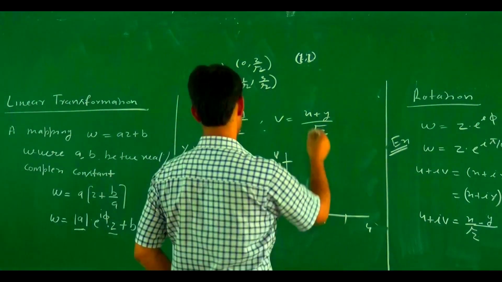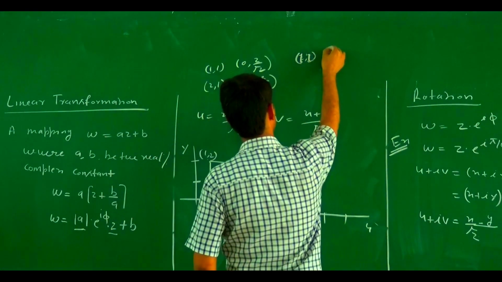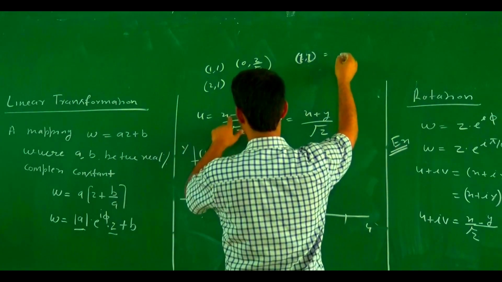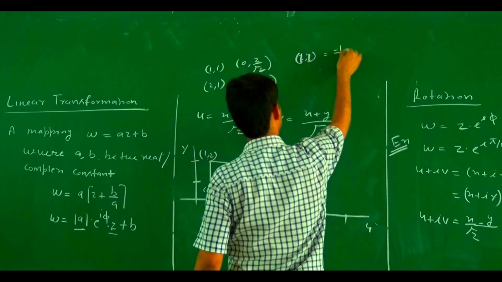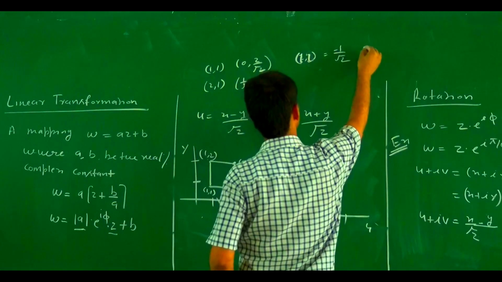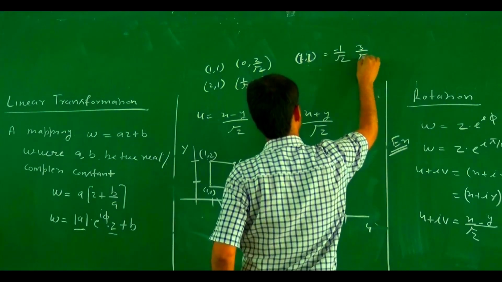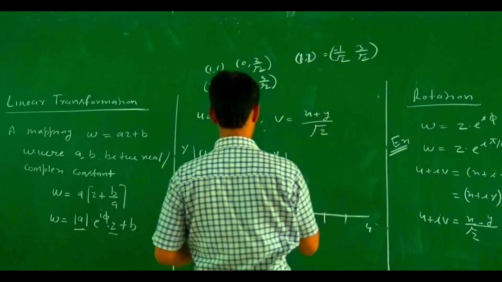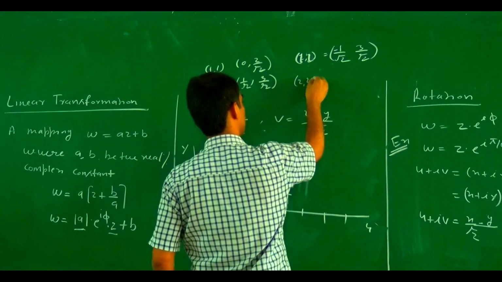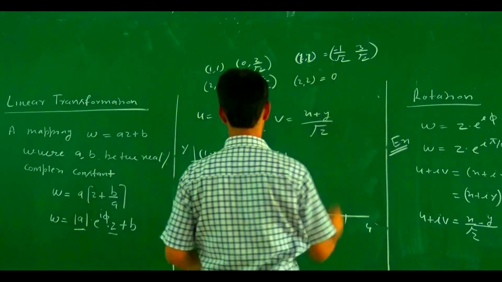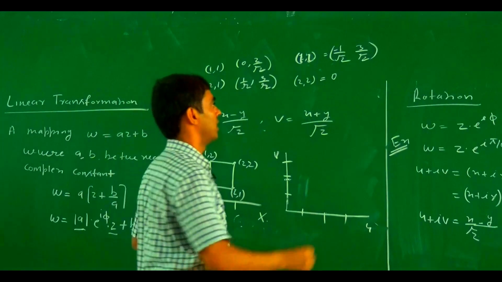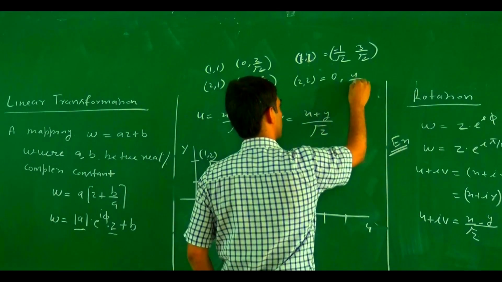Corresponding to (1, 2): 1 minus 2 means minus 1 by root 2, and this one is 3 by root 2. And corresponding to (2, 2): 2 minus 2 is 0, and this becomes 4 by root 2.